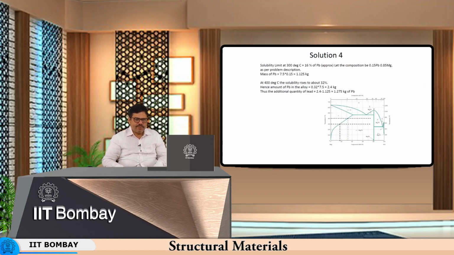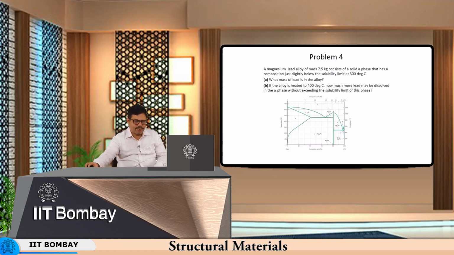Now what we have been asked is: a magnesium-lead alloy of mass 7.5 kilograms consists of a solid phase that has a composition just slightly below the solubility limit at 300 degrees centigrade. At 300 degrees centigrade, this is the solubility limit. What mass of lead is in the alloy?